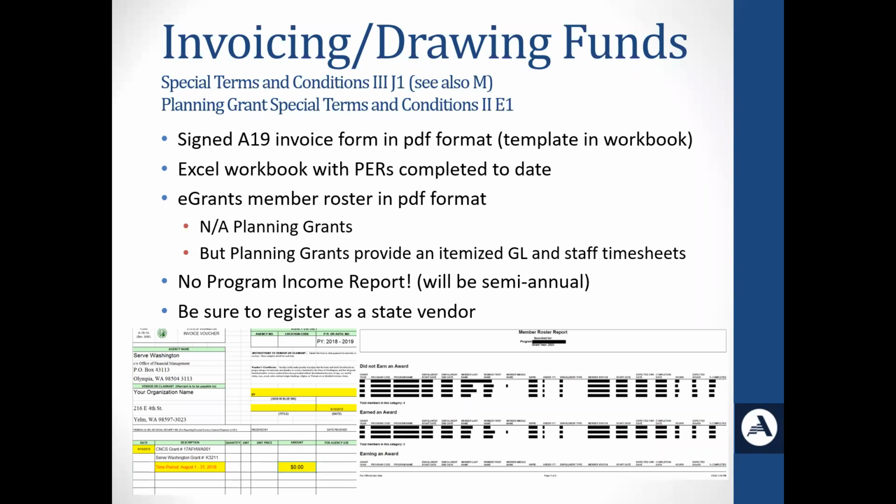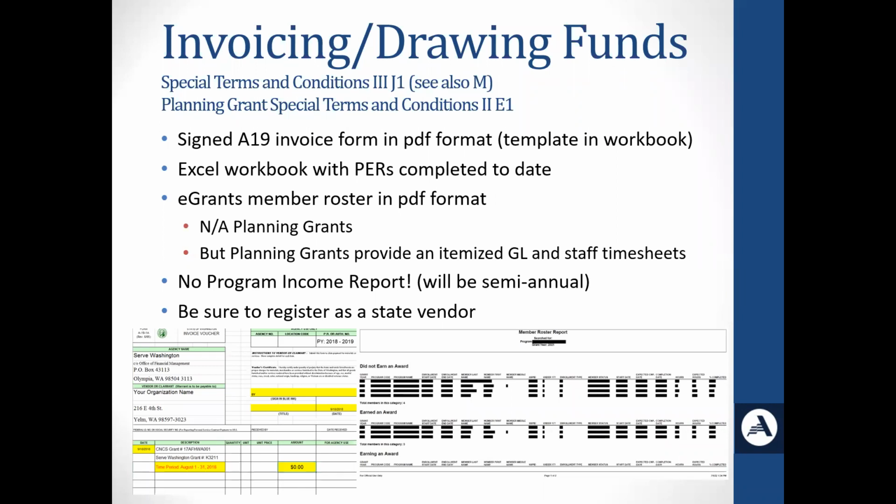We made a little bit of a change in there. Just when you sign off on the invoice form, you'll be signing off also to certify that the PER is accurate.